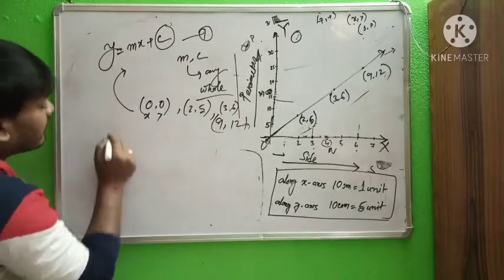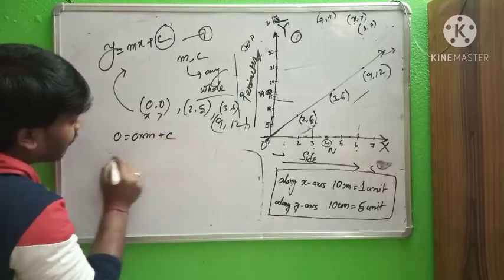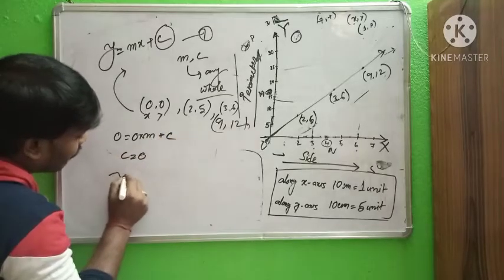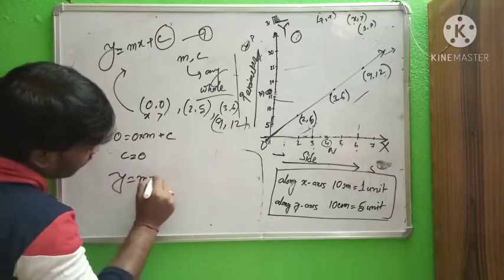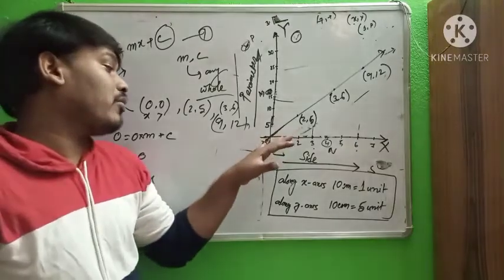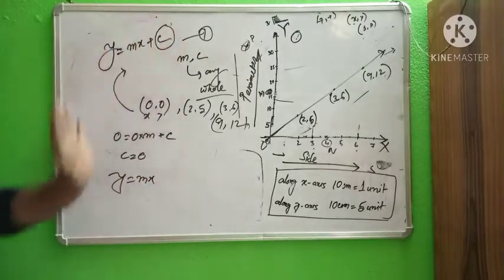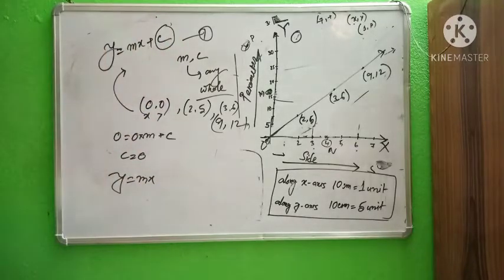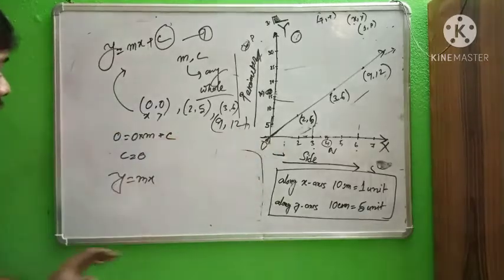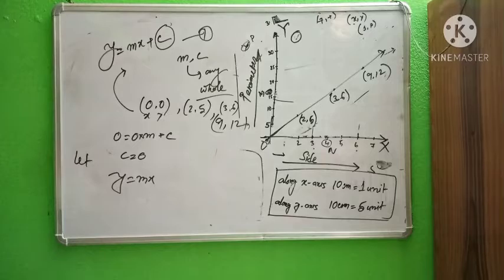So 0 equals 0 times m plus c, and because c equals 0, y equals mx. So the equation of a line which goes through the origin is y equal to mx only. No need to write y equal to mx plus c. So for this line you can let the equation be y equal to mx.